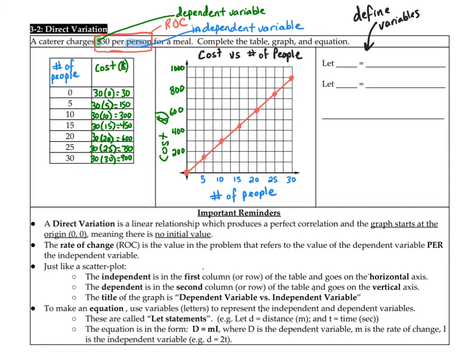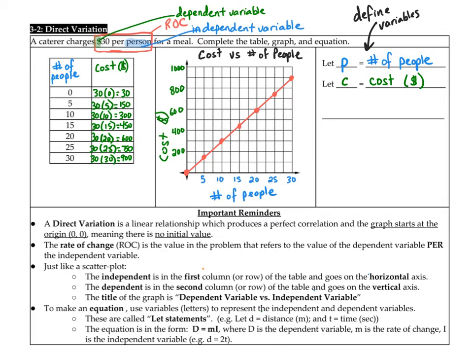So we can say let P represent the number of people, and then we can say let C represent the cost. When you make these let statements, you pick a letter to represent each of the 2 variables, and you need to include the units as well.